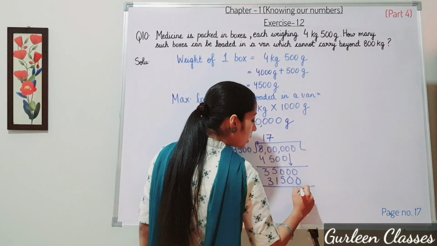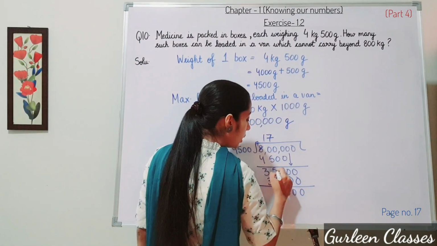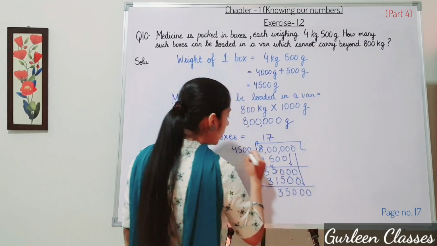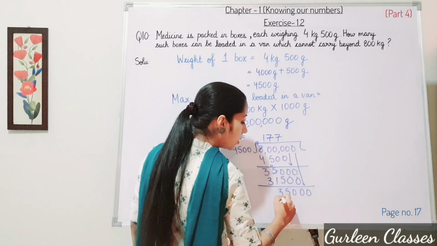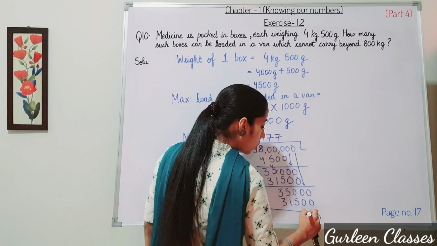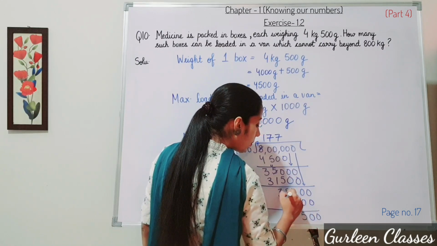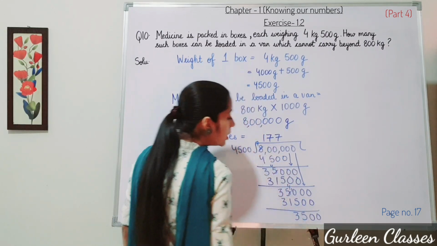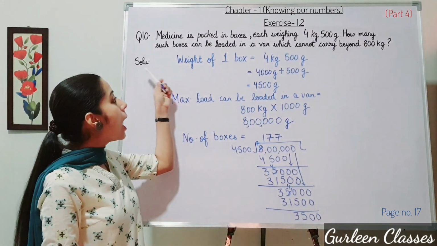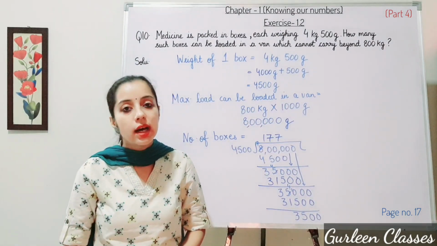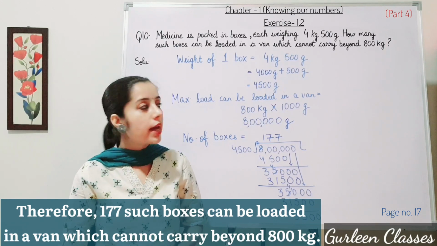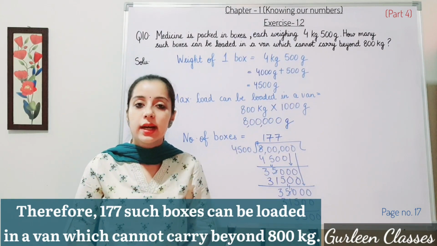So subtract: 0, 0, 5, 4 minus 1, 3. Then again the 0 will come down. 4500, 7s are 3, 1, 5, 0, 0. Then 0, 0, 5, 4 minus 1, 3. So the answer is 177. So the question was, how many such boxes can be loaded in a van? So 177 such boxes can be loaded in a van which cannot carry beyond 800 kg.